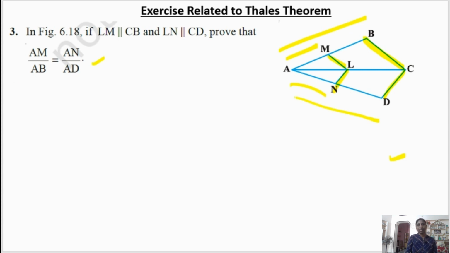So we will start. First we will write given. What is given? Given LM is parallel to CB and LN is parallel to CD. Now to prove, what do we need to prove?